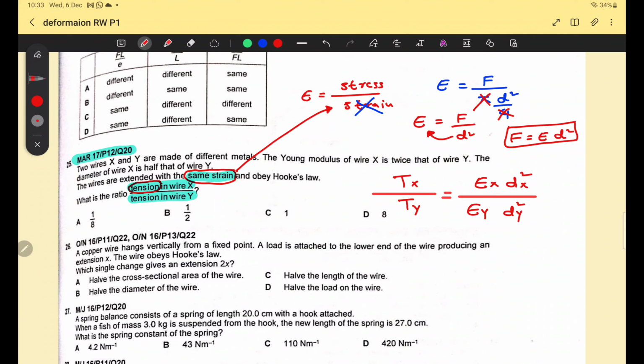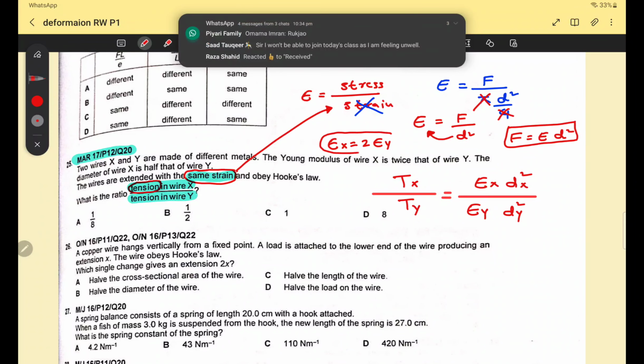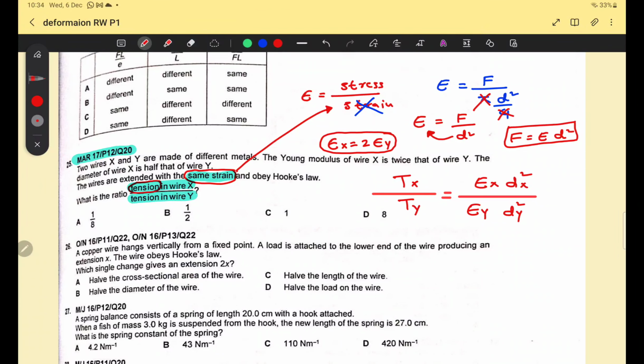Hi beta, what should be the answer? Nandi, put the values and give me the answer, beta. Young modulus of X is twice of Young modulus of Y. Number two, diameter of X is half of diameter of Y. But Nandi, I am waiting for your answer.